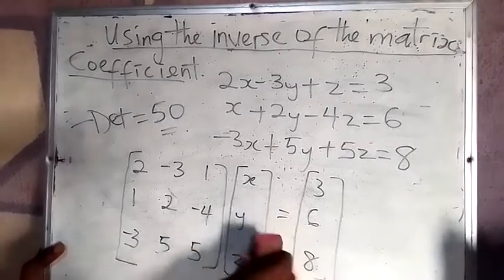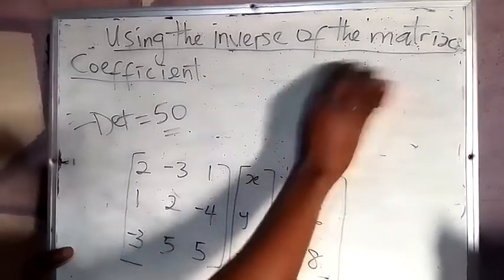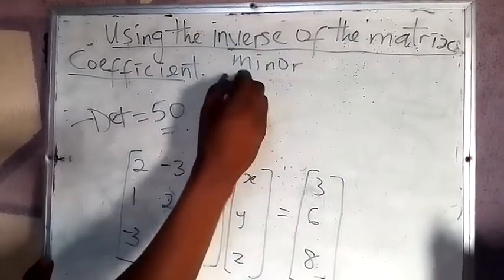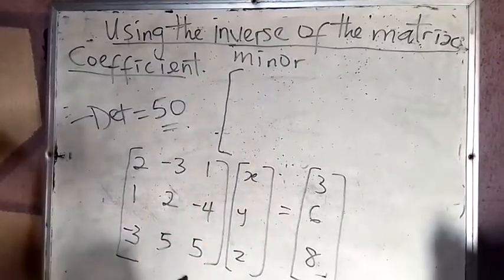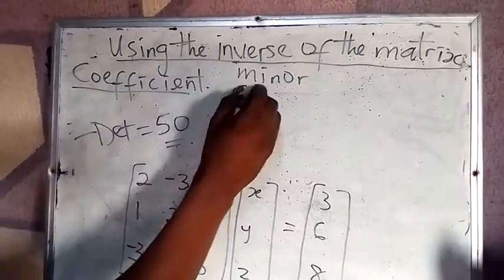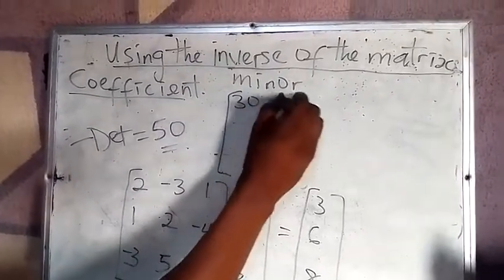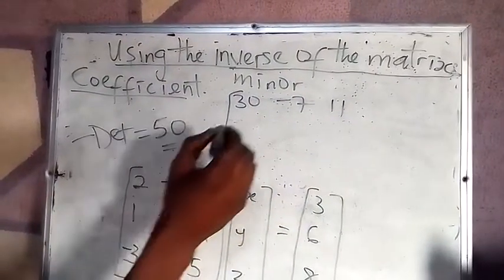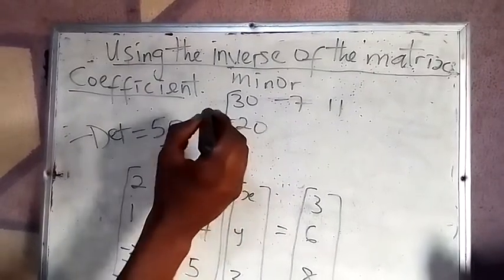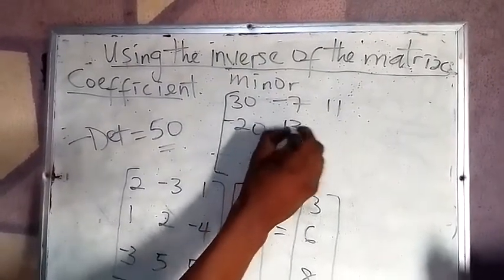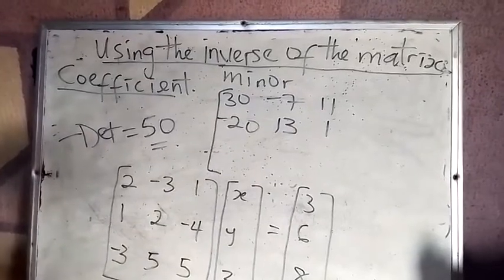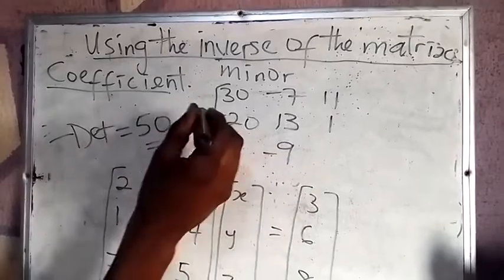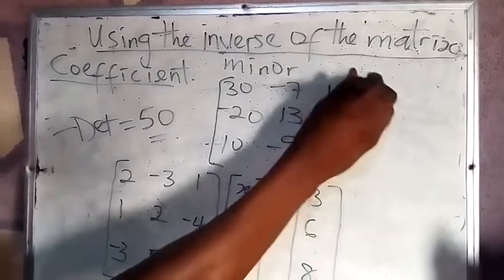So the minor is going to give you 30, minus 7, 11, minus 20, 13, 1, 10, minus 9, 7.